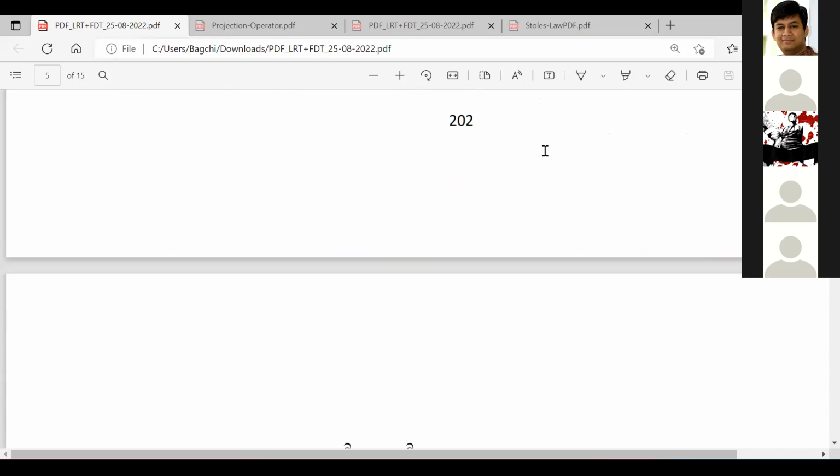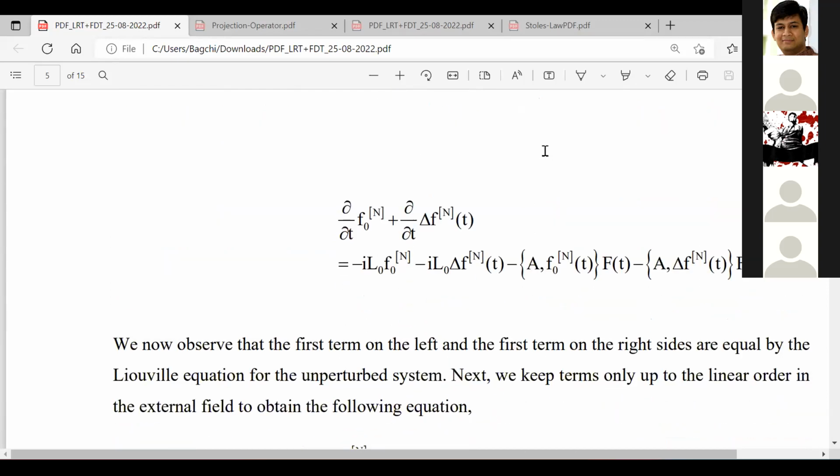Just as we do in quantum mechanics, all the perturbation theory was essentially done by Schrödinger, people don't know that. That's why you don't hear any name in quantum mechanics. Then I put it in, and on the right hand side I get 4 terms, on the left hand side I get 2 terms. Now remember df naught dt equals iL naught f naught is the zeroth-order Liouville equation. They cancel each other.